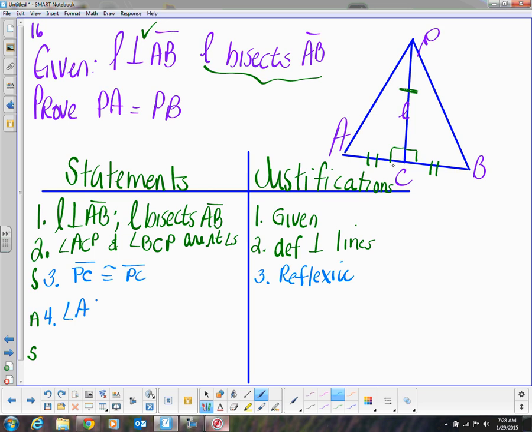I've traced one side of my angle. Well, where does it have to go? Yes, so what is that? Does this help? Okay. ACP.